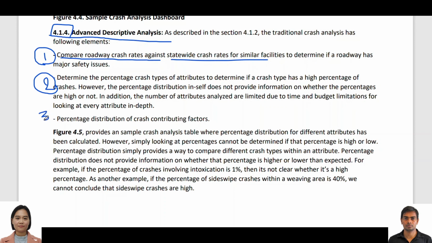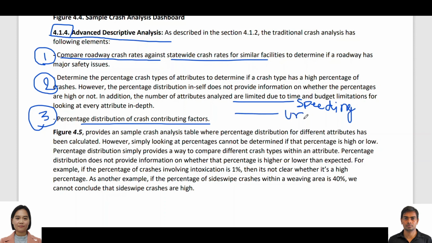Then the third thing we do is we look at the crash contributing factors and see what the different factors are and what their percentage distribution is. Usually speeding is the highest. Then we have unsafe maneuver, and then many other crash contributing factor categories.